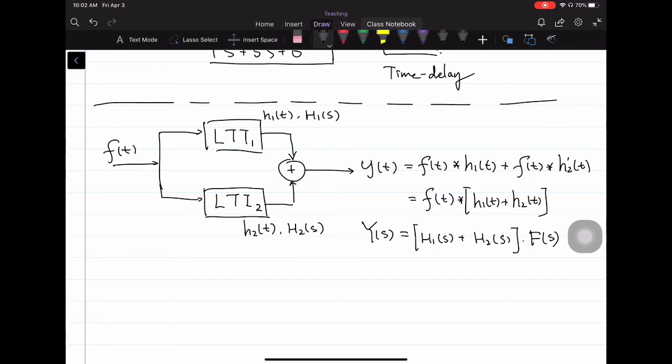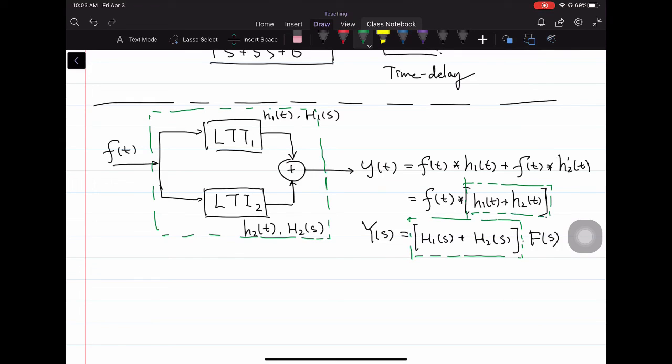If we want to view the overall parallel connected system as a whole, the overall transfer function will be the sum of the two individual sub-transfer functions for the parallel connection. And the overall impulse response would be the summation of the two individual impulse responses. So this is for the parallel system.